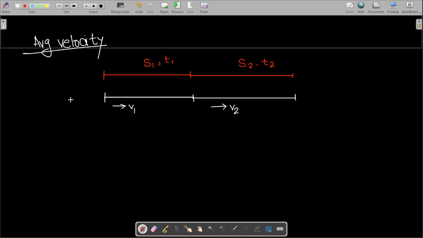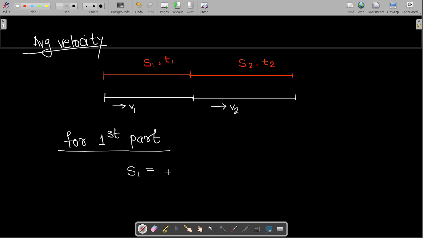For the first portion of the motion, that is only this portion, tell me what is the distance or displacement here. What would be the distance covered? I have the velocity and the time.